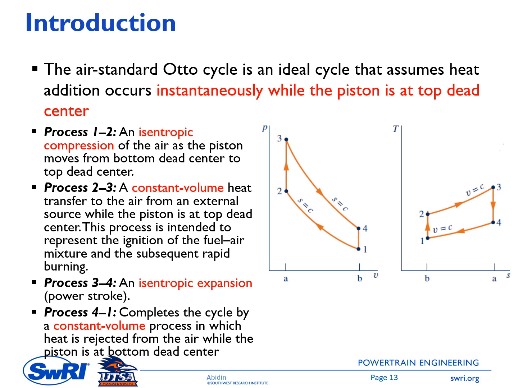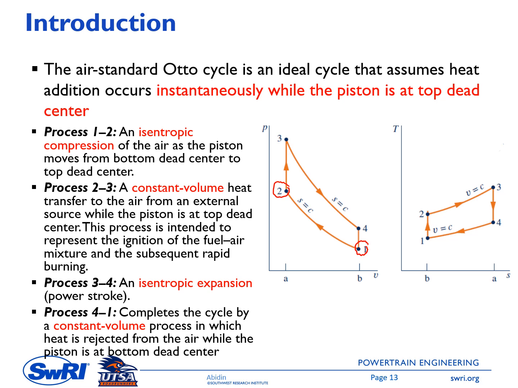We have a starting point here at point 1. This is the start of the compression process. The line connecting point 1 and point 2 here is an isentropic compression line.